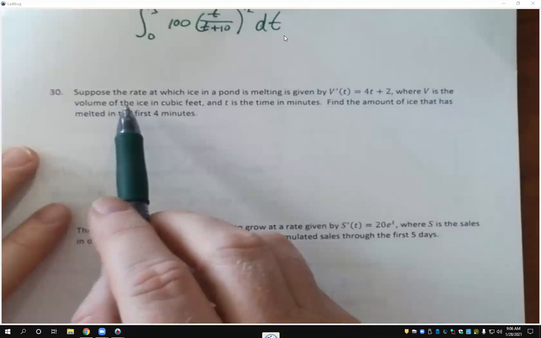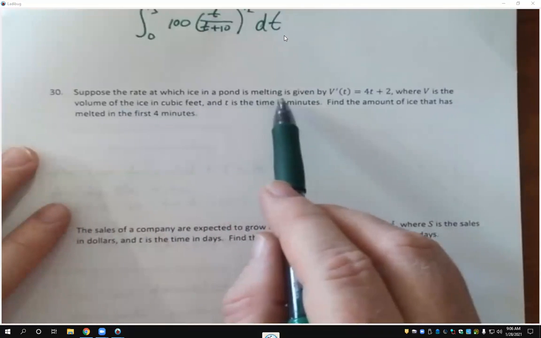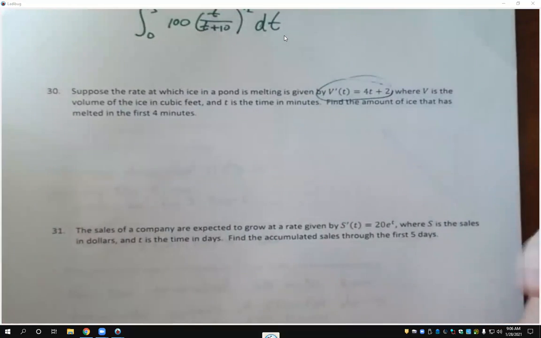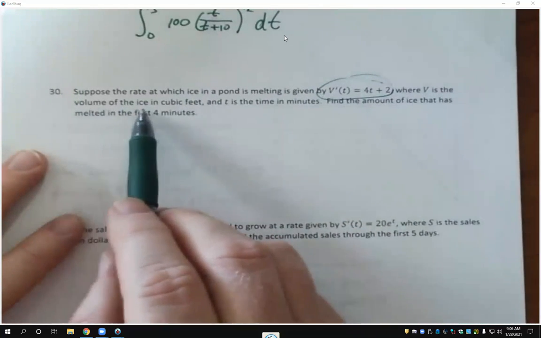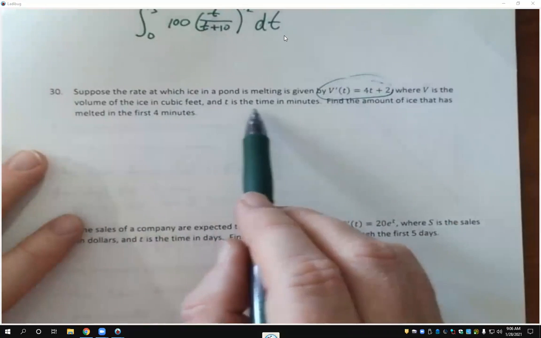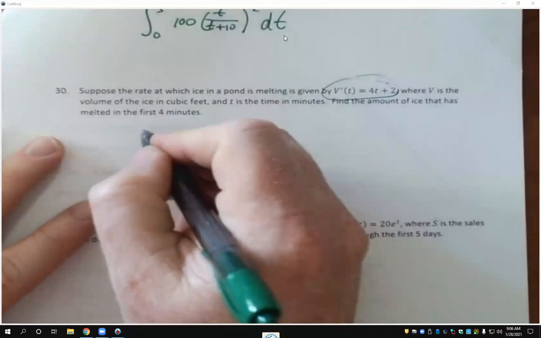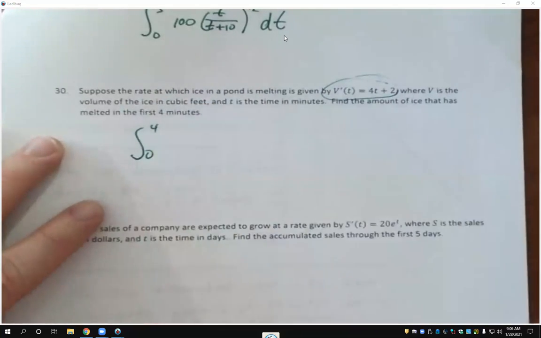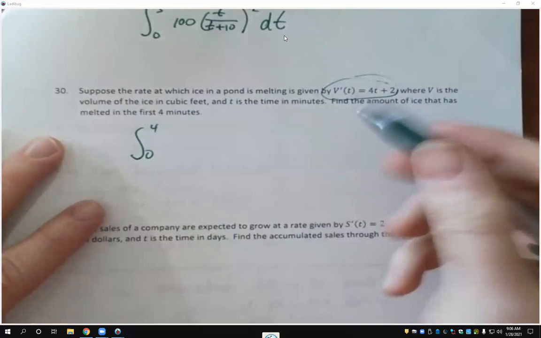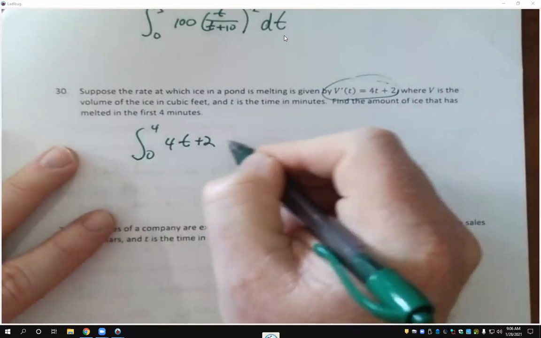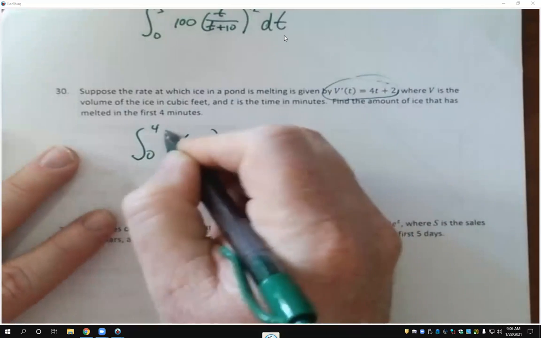Okay. Suppose the rate at which ice in a pond is melting is given by this. Okay, this is a rate function. When we integrate a rate function, we get a total amount, where V is the volume of ice in cubic feet and t is the time in minutes. Find the amount of ice that has melted in the first 4 minutes. Integrating from 0 to 4, the rate at which it's melting. So that's 4t plus 2 dt.